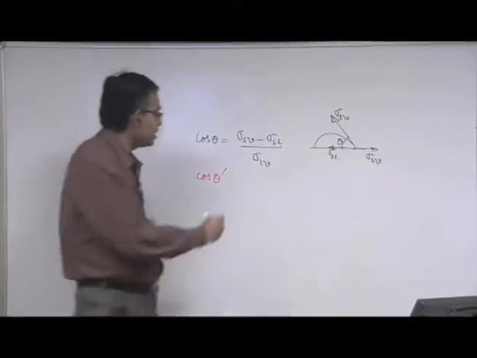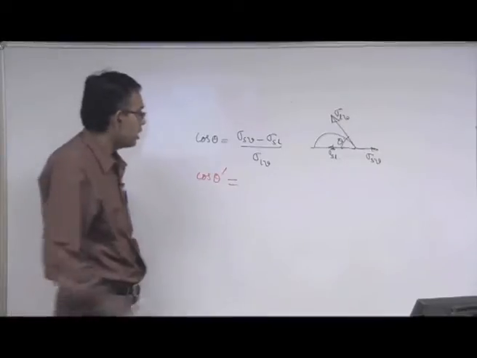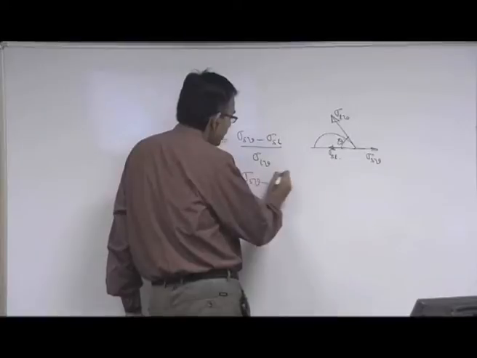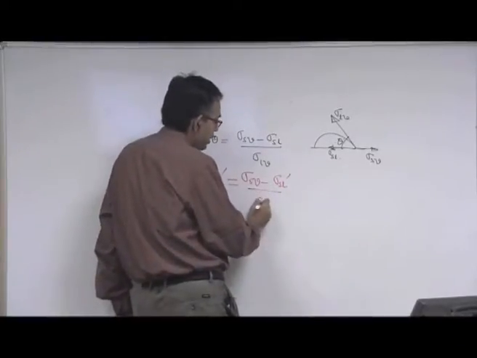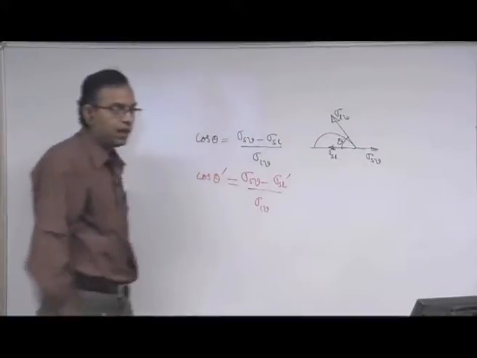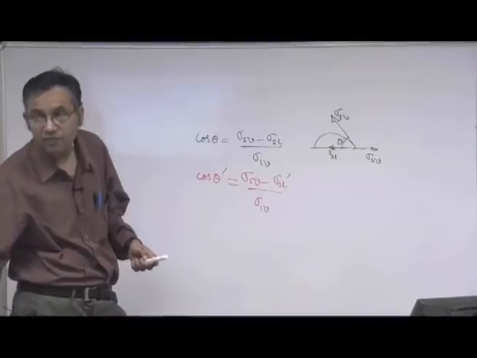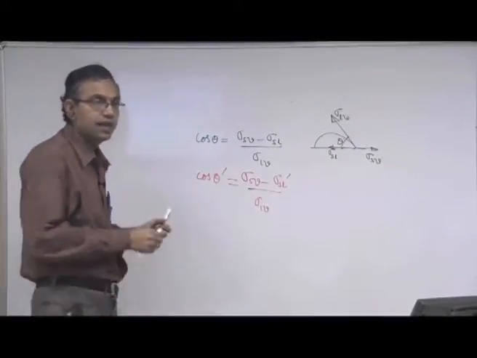So what is the cos theta prime? Sigma SV minus sigma SL dash by sigma LV. What is sigma SL dash? Sigma SL dash is sigma SL minus half CV square. This we have just derived by the battery capacitor analogy.